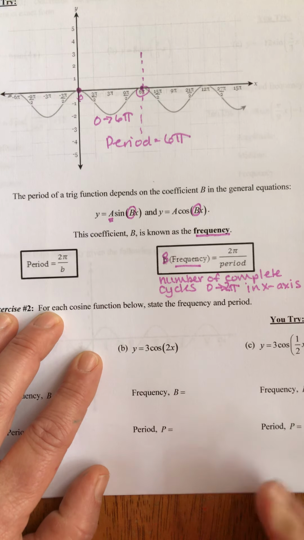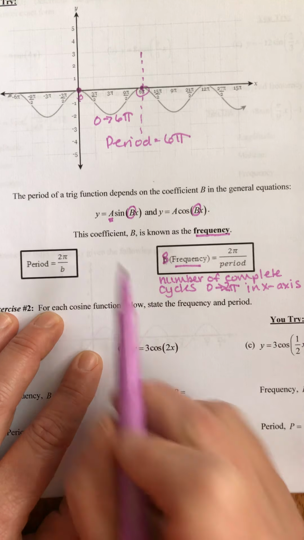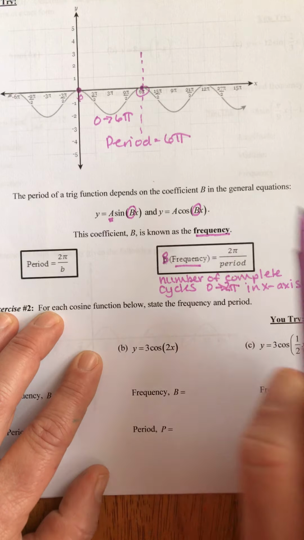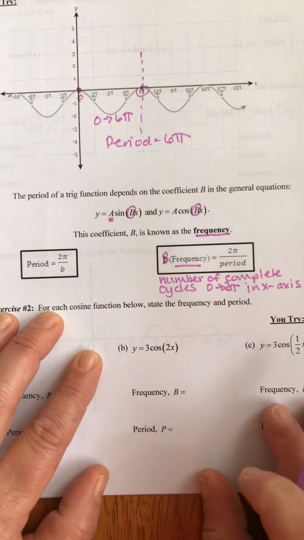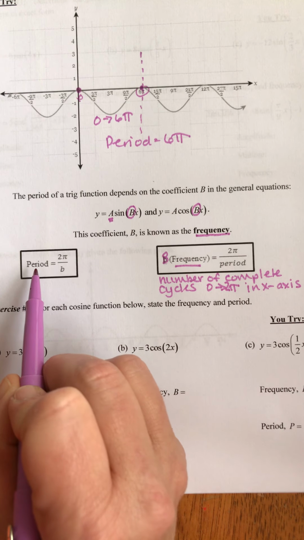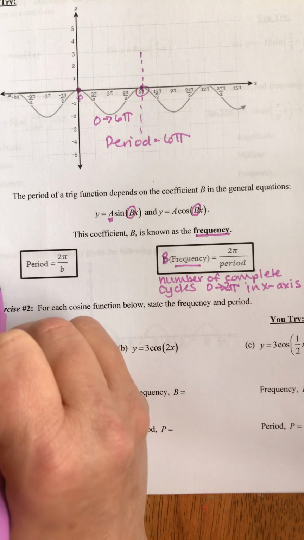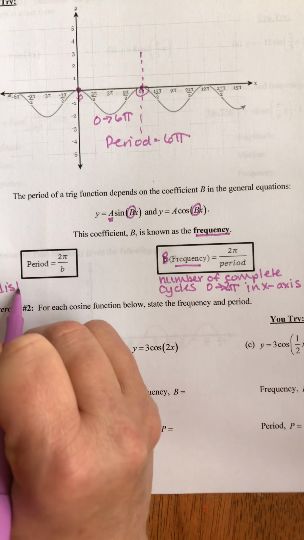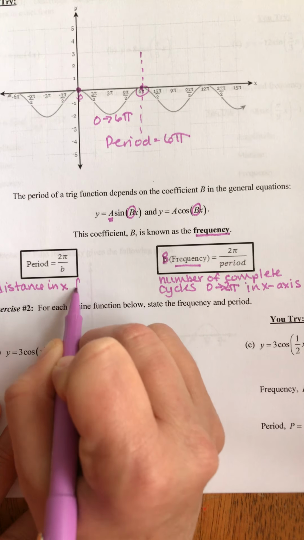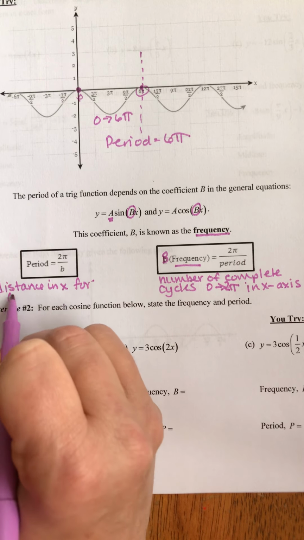Okay? So that's what the frequency means. So if this number is 3 here, we'll have 3 cycles, 1, 2, 3, in the x-axis between 0 and 2 pi. And remember, this is our period on this side, and a period is the distance, or how long, in x for one complete cycle.